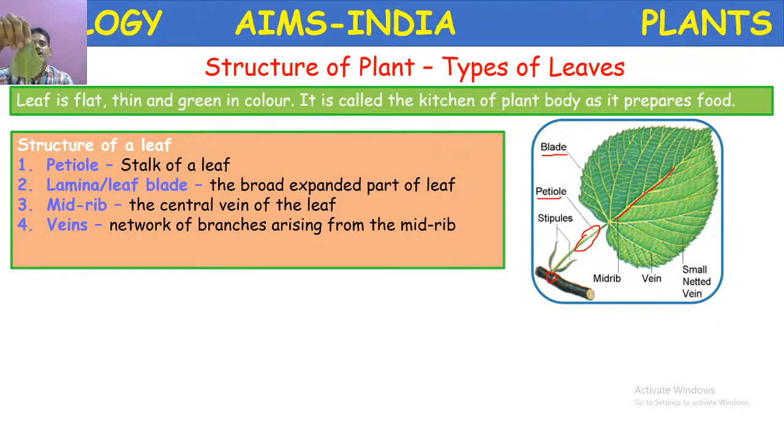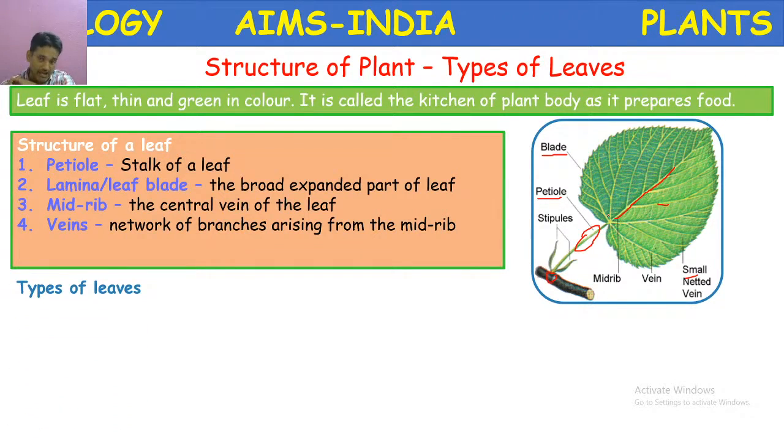Depending upon dicot and monocot, it is a dicot plant, so the veins are arranged reticulately, reticulate venation, like this. Okay. Next, the network of veins are called veinlets. These are veinlets and these are veins.